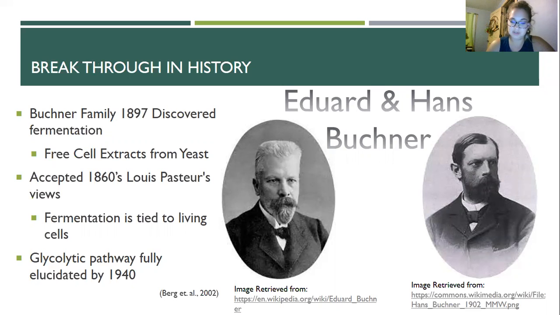Instead, they tried sucrose, which is a common sugar that you're going to find in your kitchen, as a preservative. And they found that sucrose became fermented into alcohol by yeast juice.